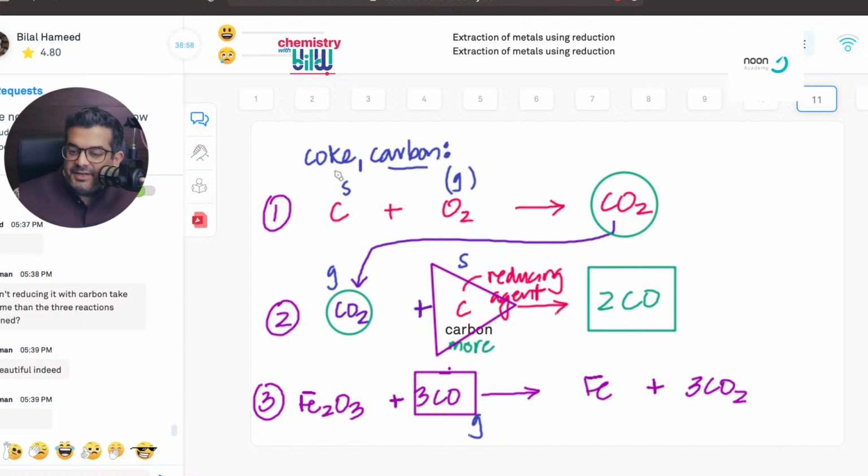So I hope I make sense to you guys so far. Now this is the extraction of iron using a blast furnace. Alright? Literally this is exactly what happens when you extract iron from the blast furnace.